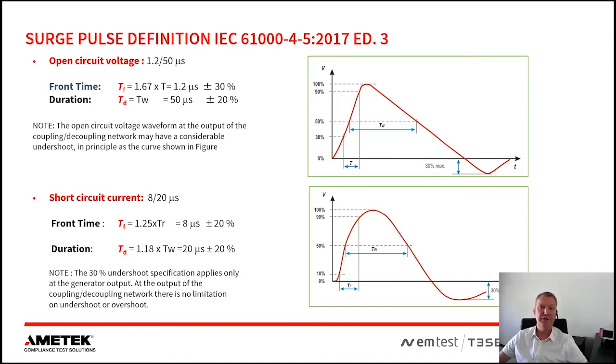And as you can see, we no longer use any tangent line. For the short circuit current, we have to use a factor of 1.25 for the front time and the time between 10 and 90%, and for the duration we use a factor of 1.18 and the time between 50 and 50%.